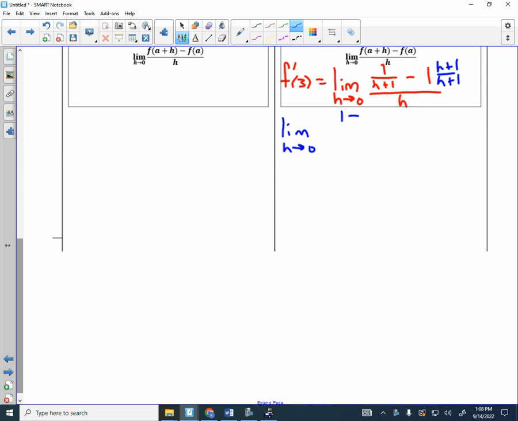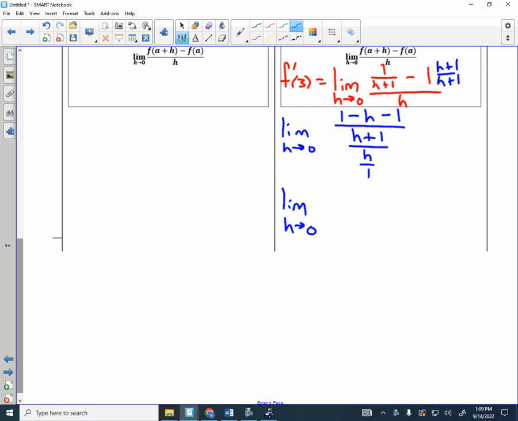1 minus H minus 1. It's so important that you remember to distribute the subtraction sign. It's the biggest mistake that's made in this. Over H plus 1 over H over 1. I personally would prefer that you not just crisscross and cancel at this stage.